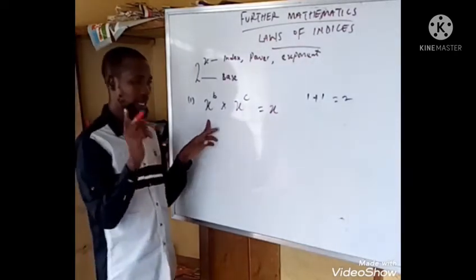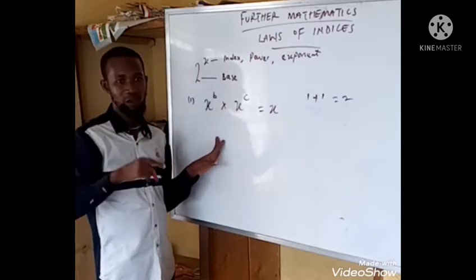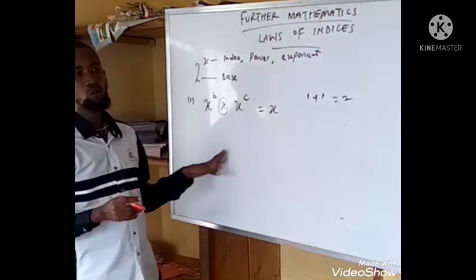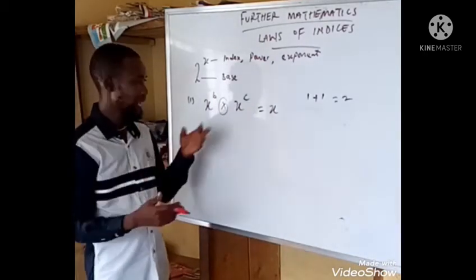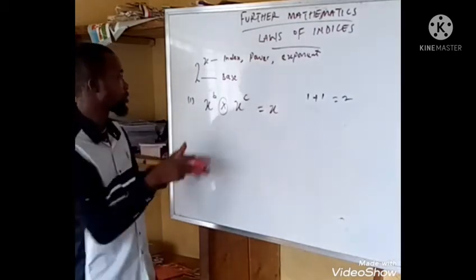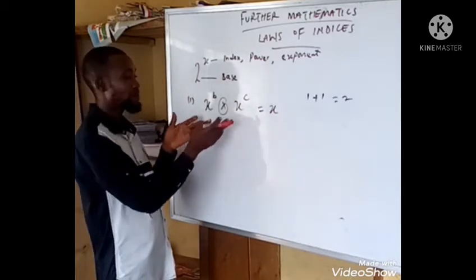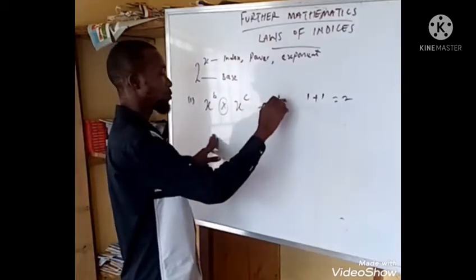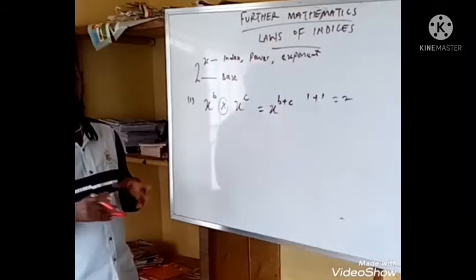When we pick that base, just like it also happens in the laws of logarithm, the multiplication sign which we have here will no longer act as multiplication, but rather as addition. It's going to be adding the two powers which we have on our equal base. So we now have it as b plus c.